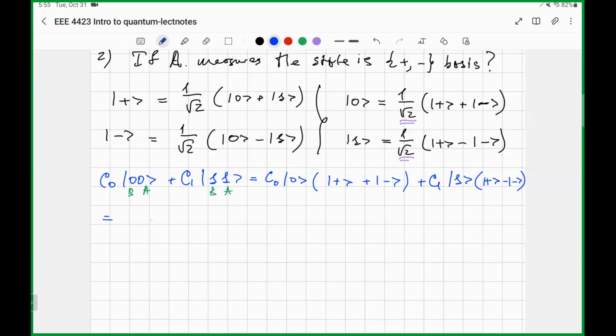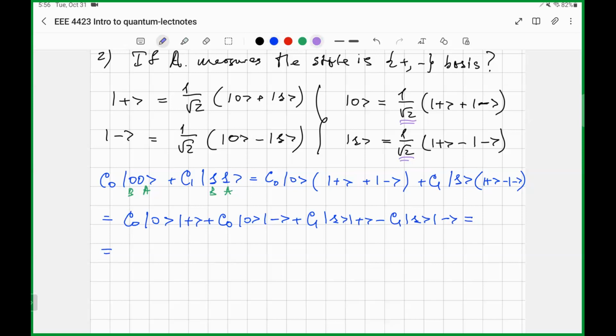Expanding the parentheses gives us C0, 0 plus, plus C0, 0 minus, plus C1, 1 plus, minus C1, 1 minus. Okay.